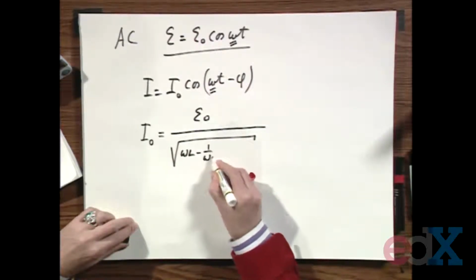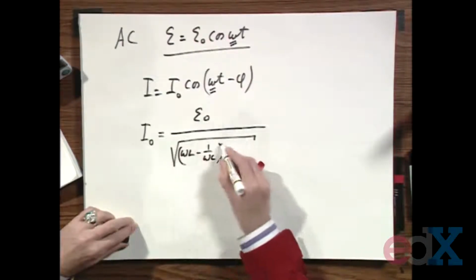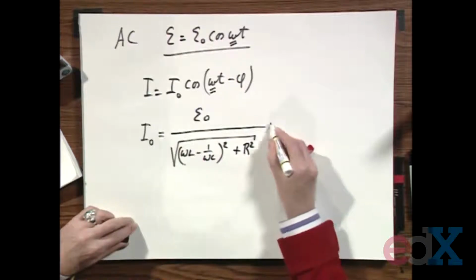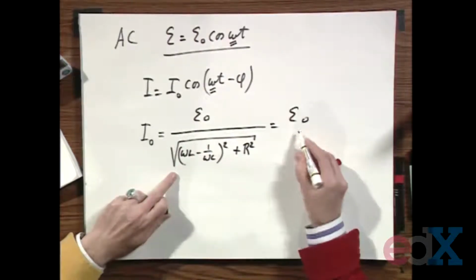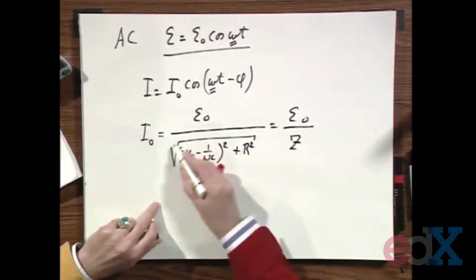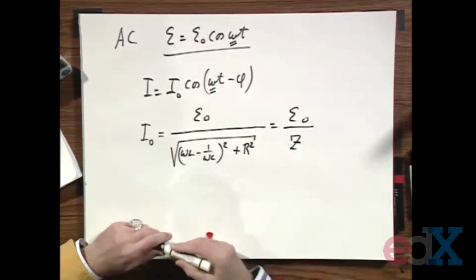The denominator is the square root of omega L minus 1 over omega C, squared, plus R squared. And we call this also Z.